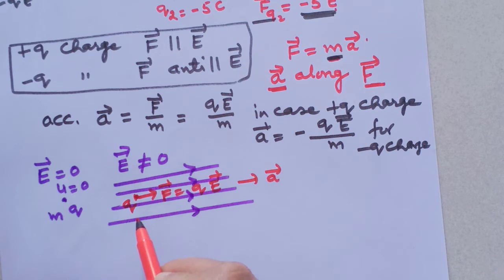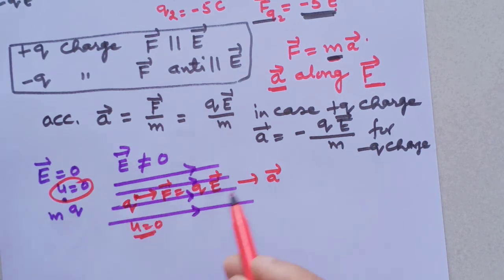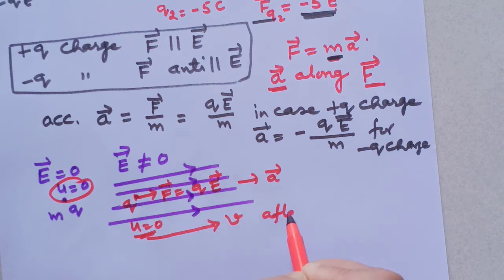So let it begin moving from u equal to 0 along this direction and gain a velocity v after tau seconds.